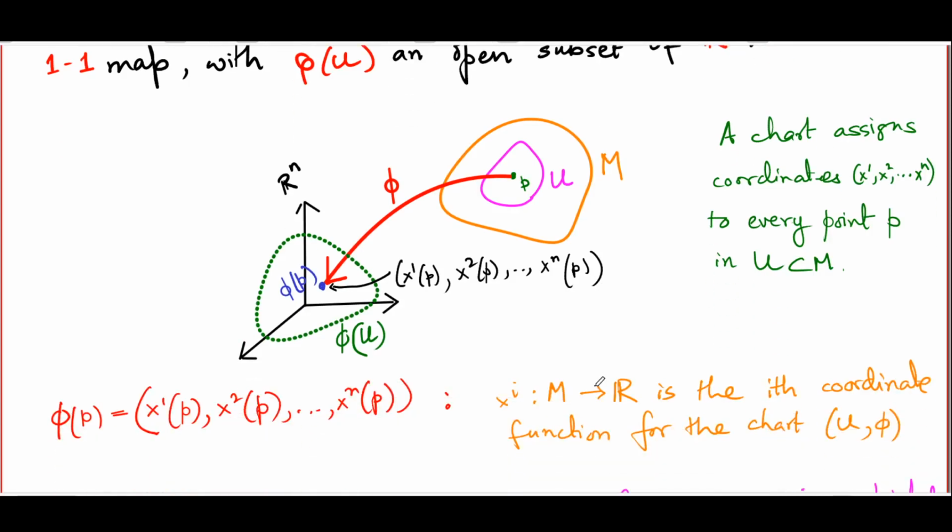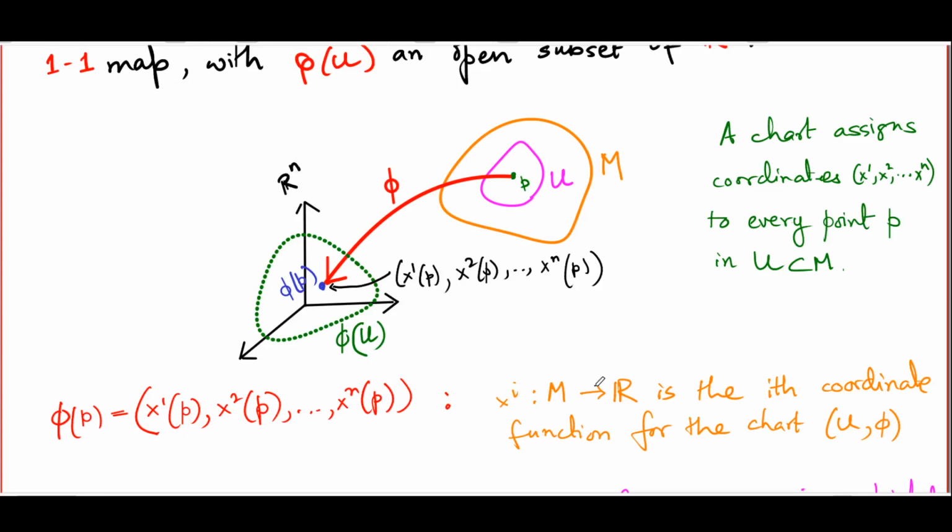And these xi's, which are actually maps from the set M to the set of real numbers, are called the ith coordinate function for the chart U, phi. Basically, x1, x2, x3 are the numbers that we have always called coordinates for a point wherever we have used a coordinate system.